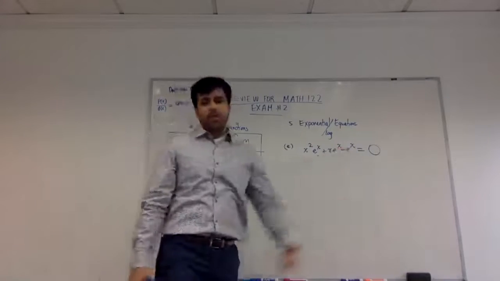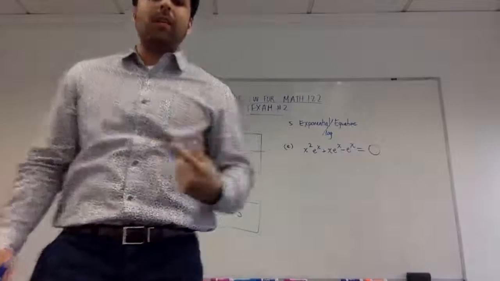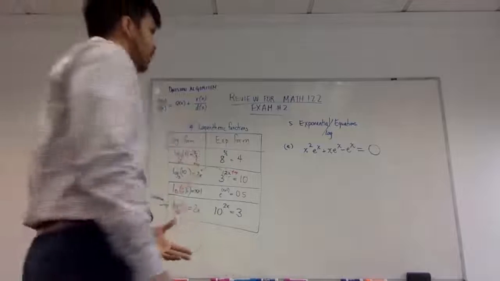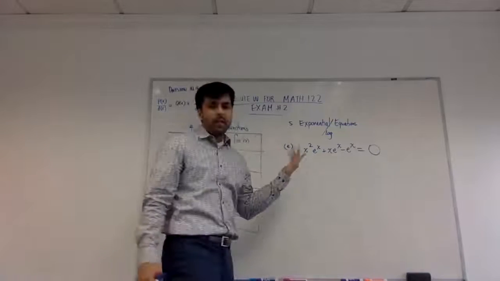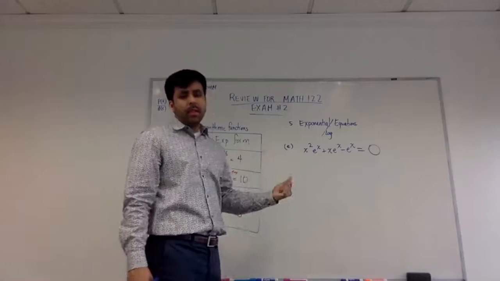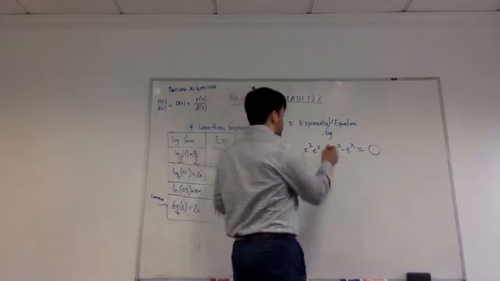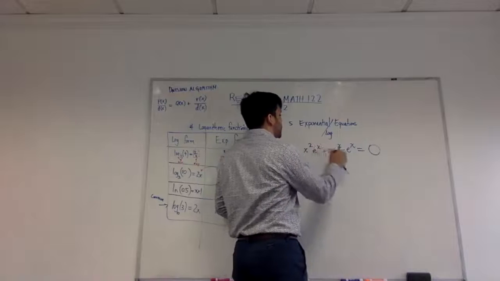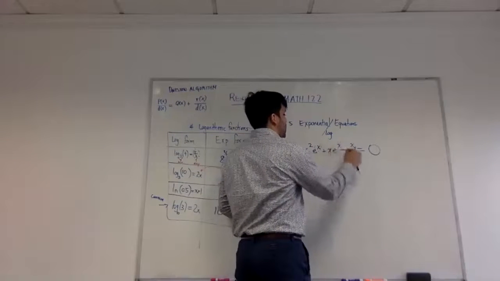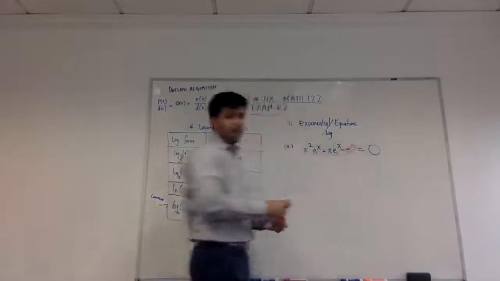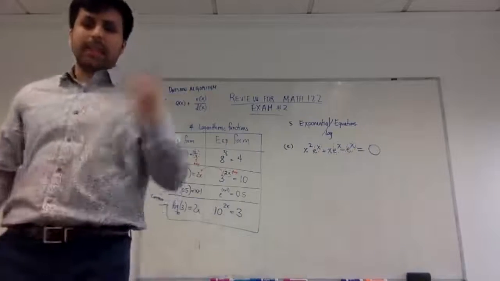Whenever we have an equation, we always want to see what can we do? The only thing I can think of doing right now is to factor. Why can I factor? Well, I have certain things that repeat in each of the terms. I have e to the x in each of the terms.